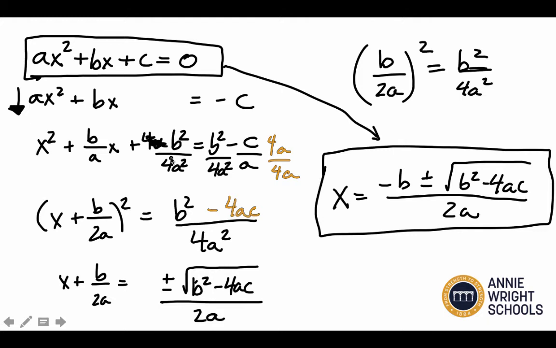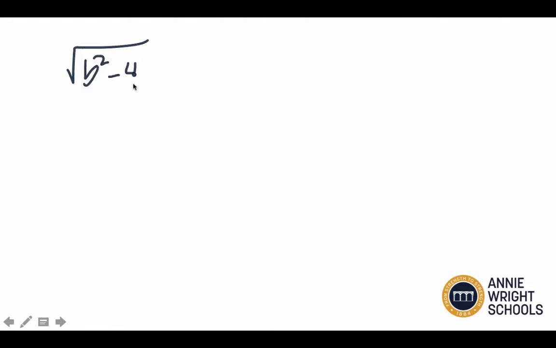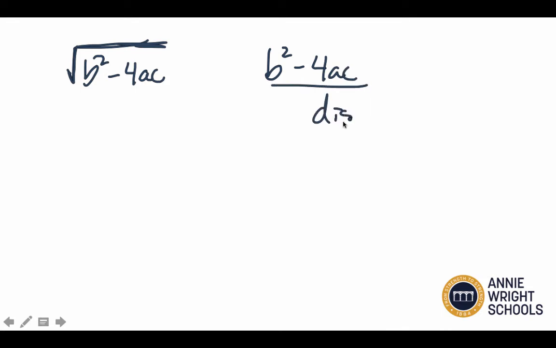A couple things come up with the quadratic formula that we need to be careful with. First is this square root of b squared minus 4ac, and I've kind of already messed up on some quizzes by giving you questions where this didn't work out nicely. b squared minus 4ac has a special name.